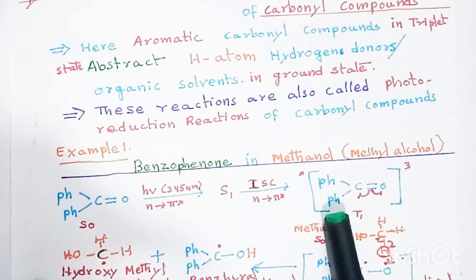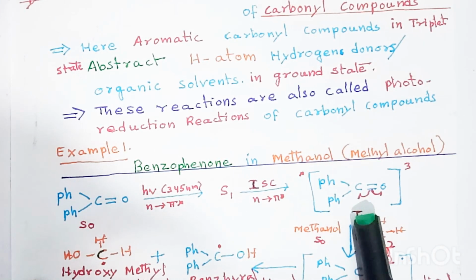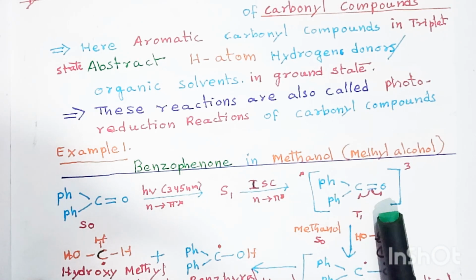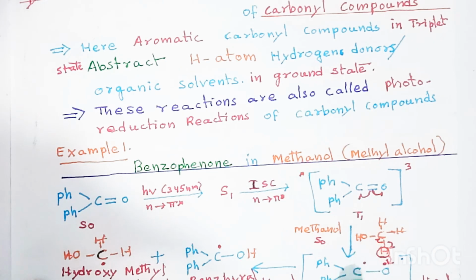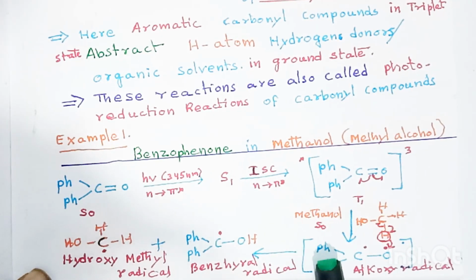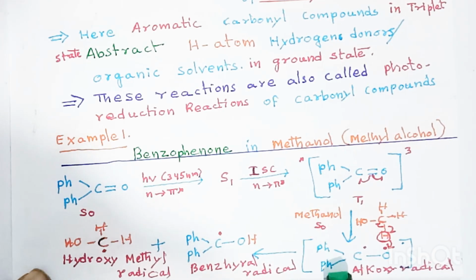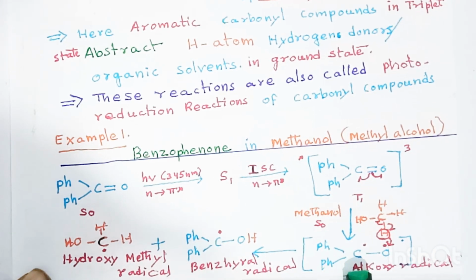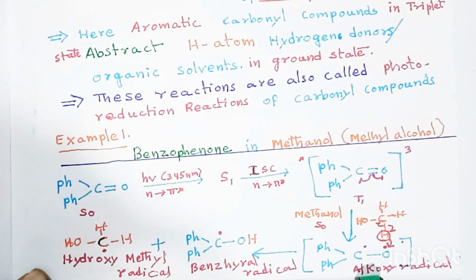In the triplet state, the pi bond between carbon and oxygen cleaves homolytically to give us a biradical, which is also called alkoxy radical, that is Ph2C radical and O radical. This is called alkoxy radical or biradical.